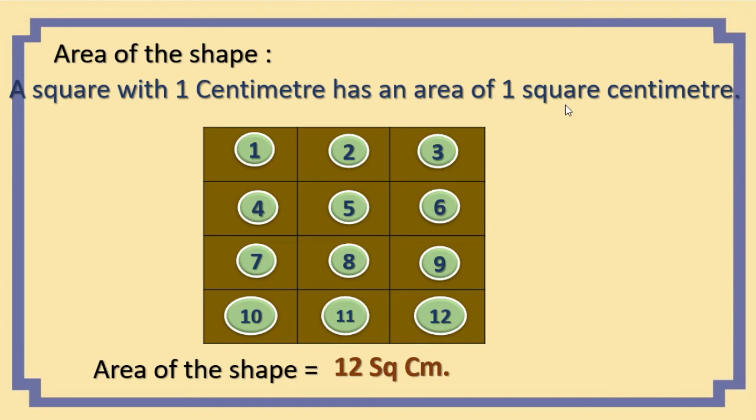See, this is added here, square centimeter. So the unit of area is square centimeter because the lengths are given in centimeter. The measurement is in centimeters, so we use square centimeter. We will go through some more examples.